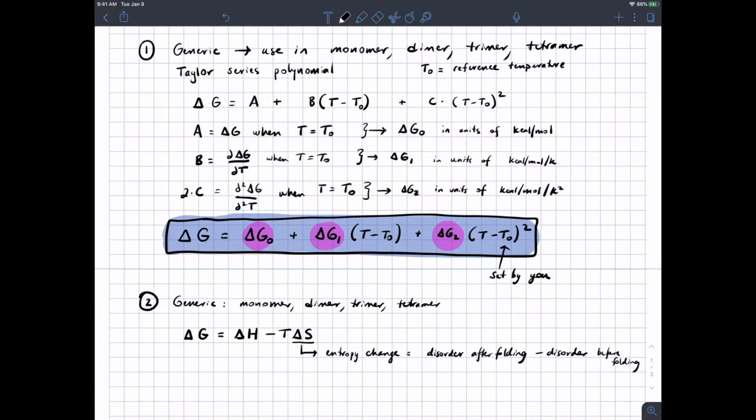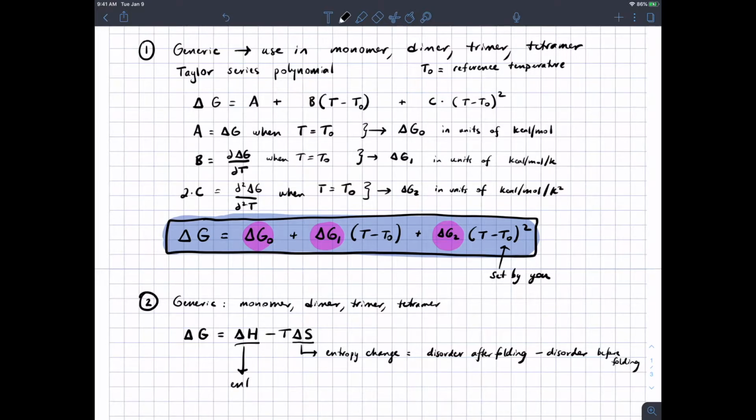And delta S will be positive if we increase disorder, and if delta S is positive, this term, minus T delta S, will be negative and have a negative impact on delta G, that is, making delta G more favorable.